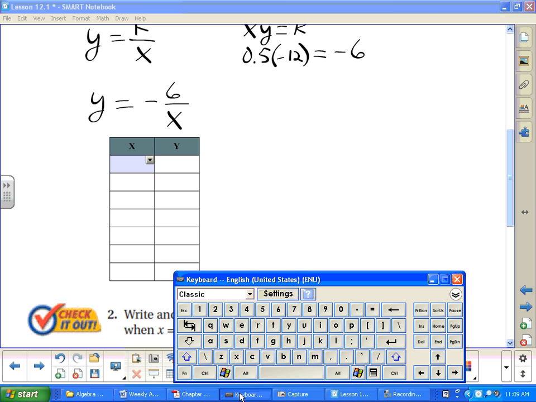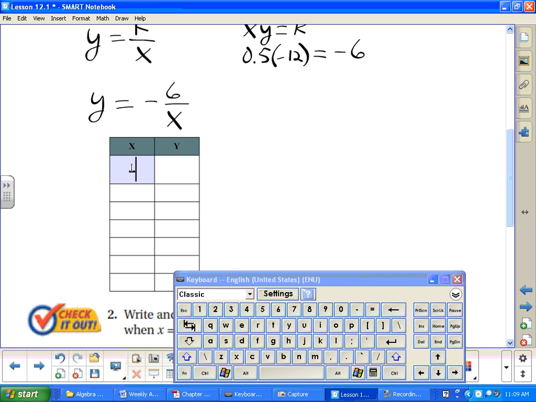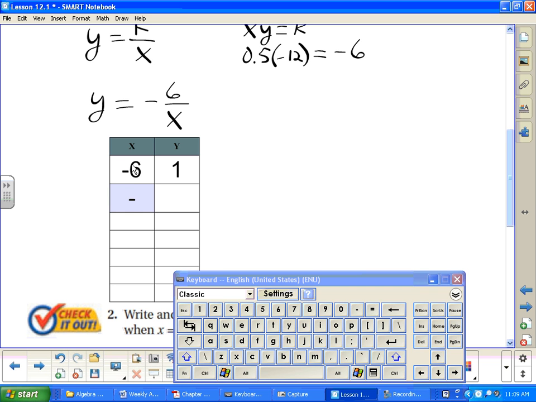We'll do negative 6. And what's negative 6 divided by negative 6? 1. And then we'll do negative 3. And what's negative 6 divided by negative 3? 2. And we'll do negative 2.